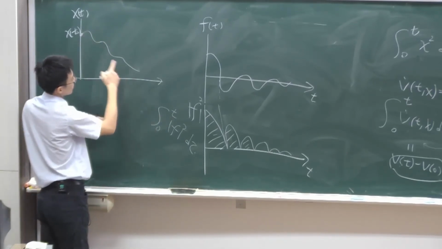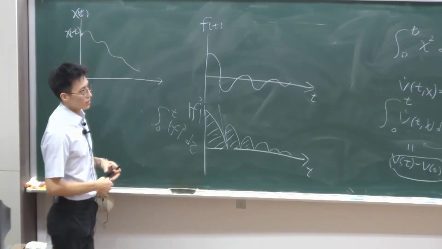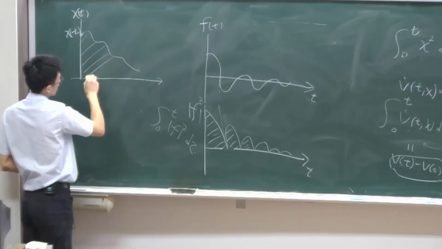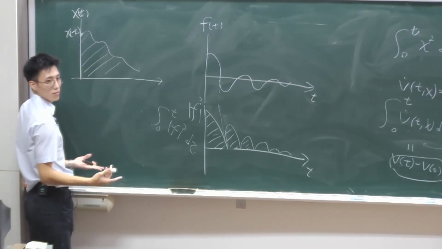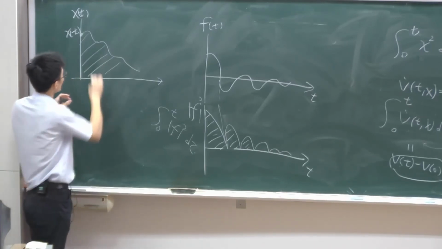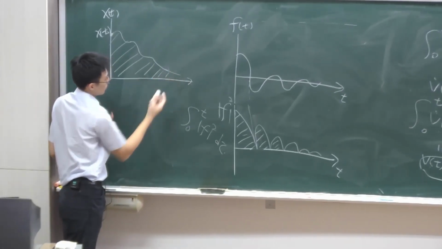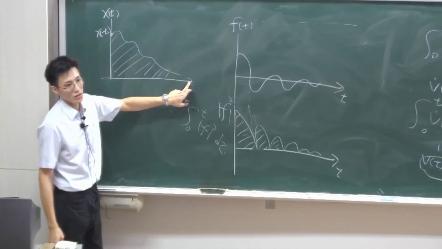So the slope of this curve cannot be infinity, right? And this condition says what? The area, the square of this function has to be bounded, which is similar to this area having to be bounded, right? So for this area to be bounded means this value cannot go anywhere other than 0 eventually, right?